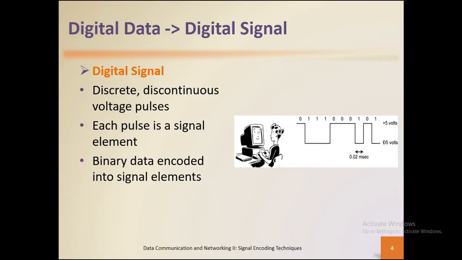Now, the particular encoding technique that would be used to either digitize or modulate a given signal depends on specific requirements, which could be based on the media being used for the transmission, the devices being used, as well as the communication facilities that are available, which could be mediums such as twisted pair cable, coaxial cable, or fiber optic cable, or the unguided approach, which is the wireless or radio wave approach.